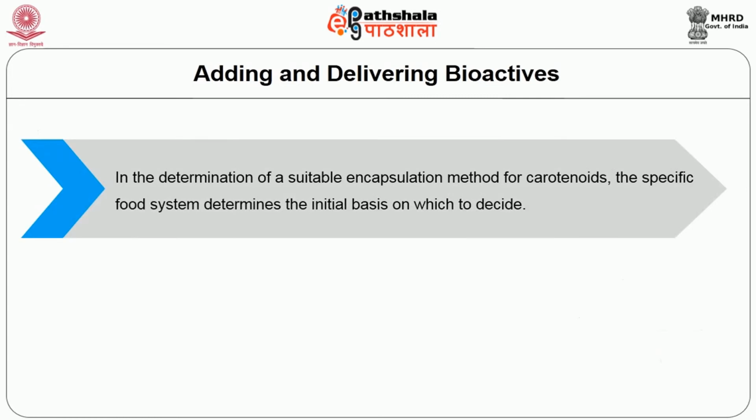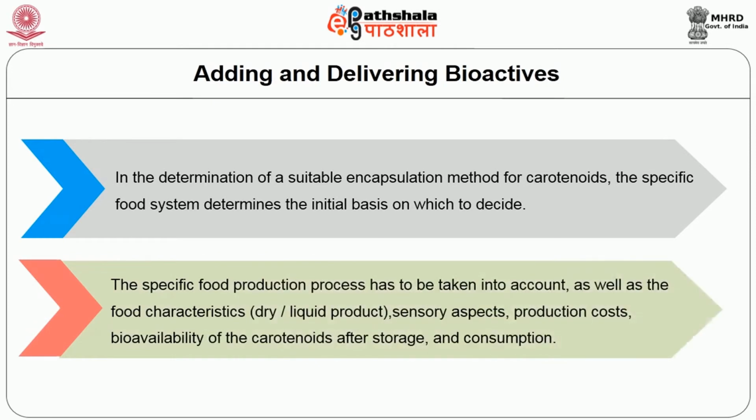In the determination of a suitable encapsulation method for carotenoids, the specific food system determines the initial basis on which to decide. The specific food production process has to be taken into account, as well as the food characteristics, sensory aspects, production costs, and bioavailability of the carotenoids after storage and consumption.